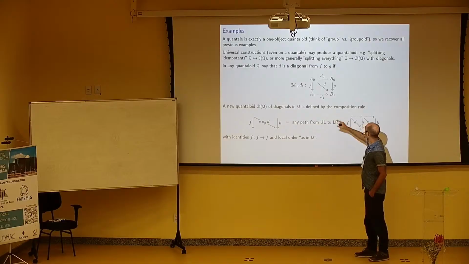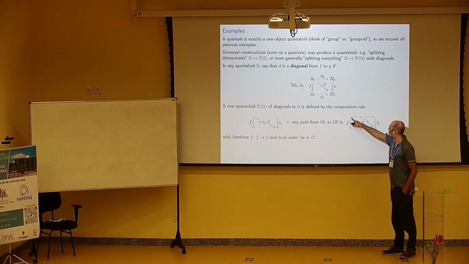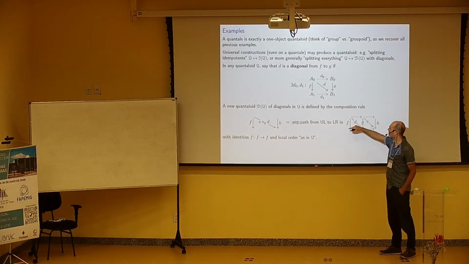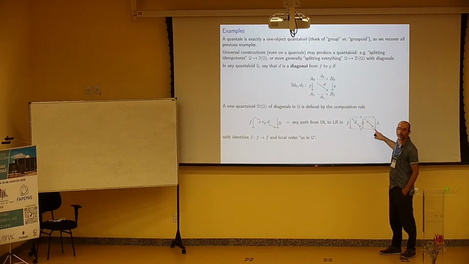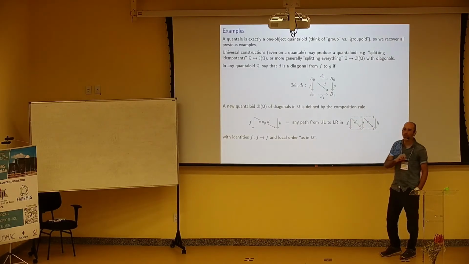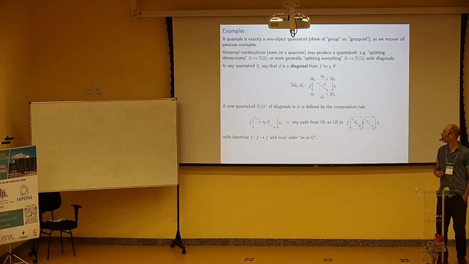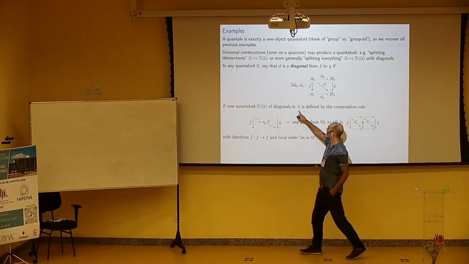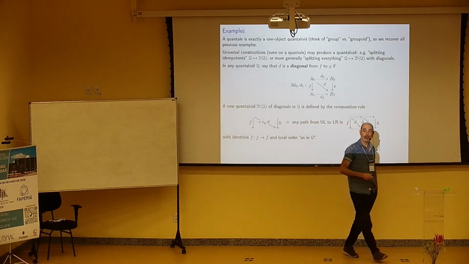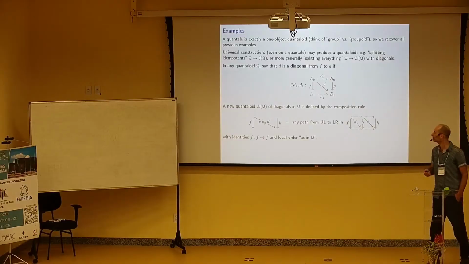And you can compose diagonals. I have a diagonal from F to G, a diagonal from G to H. You can compose them, I pretend, by going in any which way you like, from upper left to lower right. Okay? This defines a perfect composition. This makes for a new quantaloid, given a quantaloid Q. This defines a new quantaloid D of Q, diagonals in Q, which I can now use to enrich.